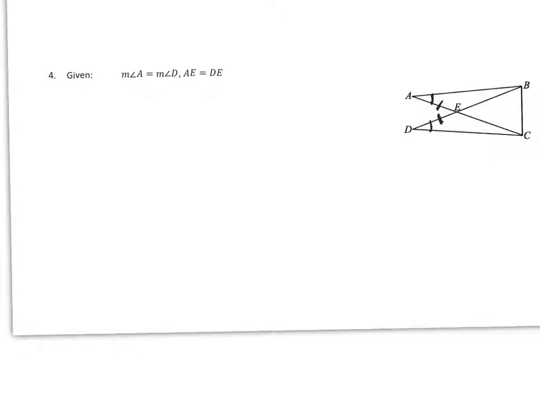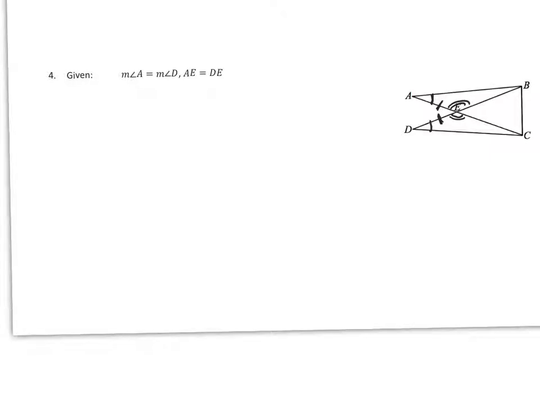And then I need to find anything else that'll help me. And if we look at this middle angle E, it's a vertical angle. So if I look right here, this angle and this angle, those are going to be congruent. So if I look at it, I can see that I have ASA in both triangles.